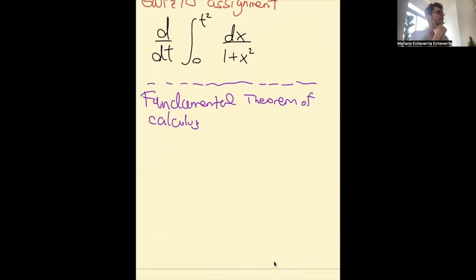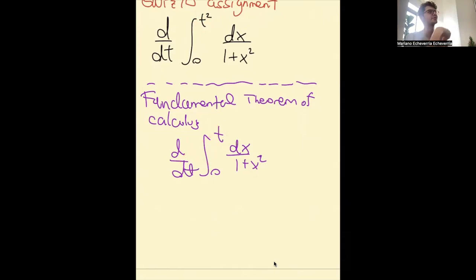So what the fundamental theorem of calculus says is that if you have, instead of a t squared here, just a t, then the derivative and the integral kind of cancel each other out.